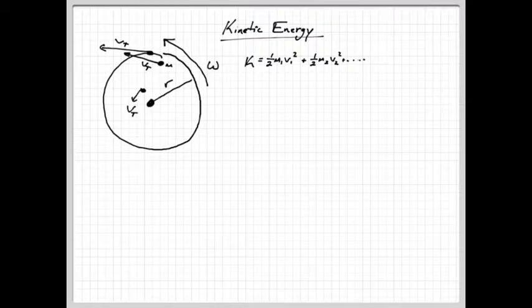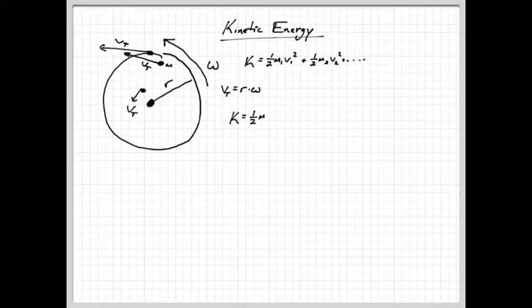So first thing I'm going to do is relate that each tangent velocity can be found by doing its radius times the angular speed. The reason I'm going to do that is, remember, anywhere on this object, doesn't matter where the radius is, the angular speed is the same.